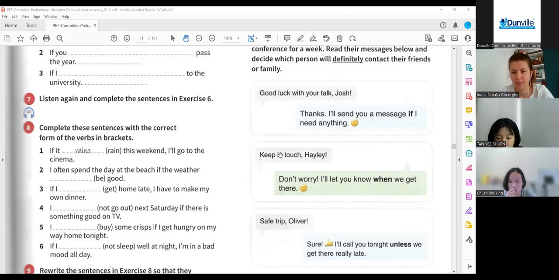Josh? You think Josh? He says, I'll send you a message if I need anything. So only if I need something, I will send you a message. If I don't need anything, I won't send you a message. So it's not a definite. It's not Josh.